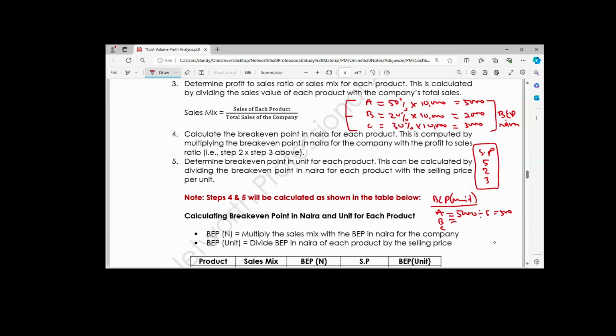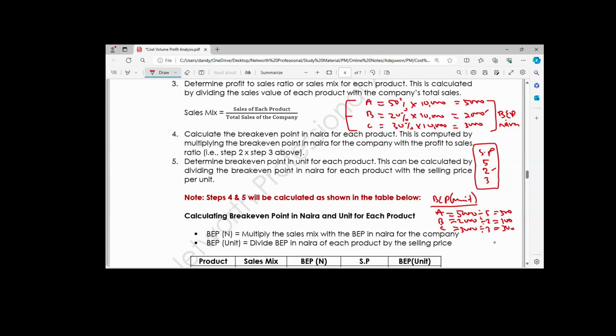I will do the same thing for product B. Break-even point in Naira of product B is 2,000. So I will say 2,000 divided by selling price of product B, which is 2 Naira. So this will give me 100 units. For product C, break-even point in Naira is 3,000. I will divide it by 3 Naira selling price. This will give me 300 units.